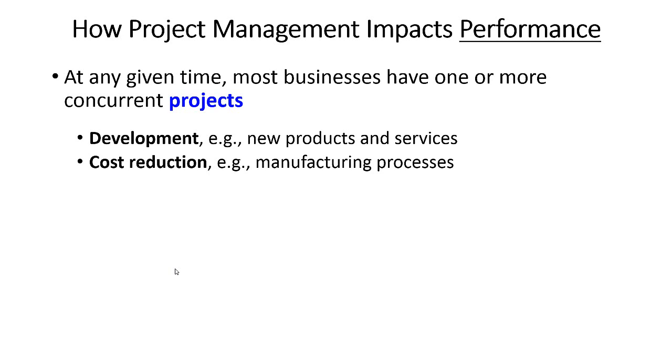We may have projects focused on cost reduction. For example, we may be looking at a manufacturing process where we're trying to reduce our costs while increasing our production output rate and maintaining our quality. Or we may have projects focused on problem resolution, basically addressing the quality issues of our products and services, where we're chasing after defects and trying to determine ways to reduce those defects.